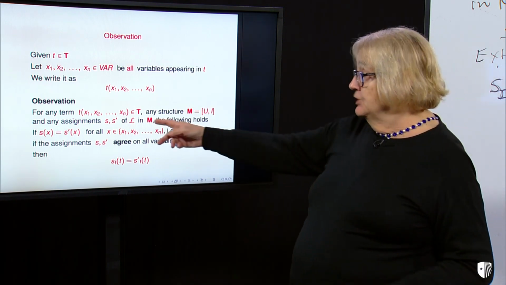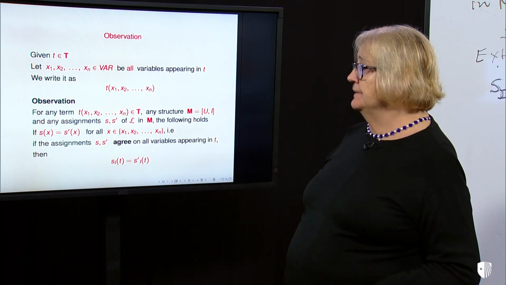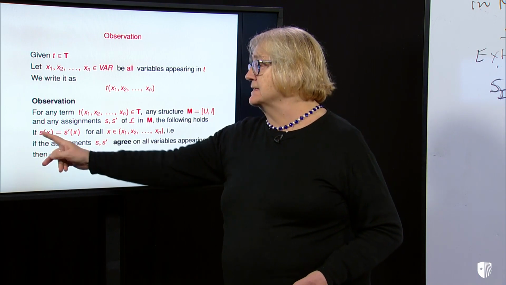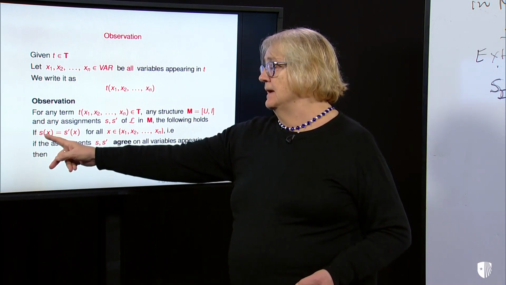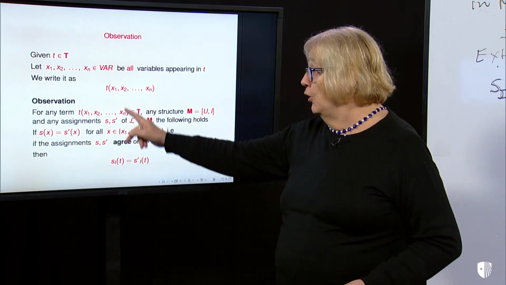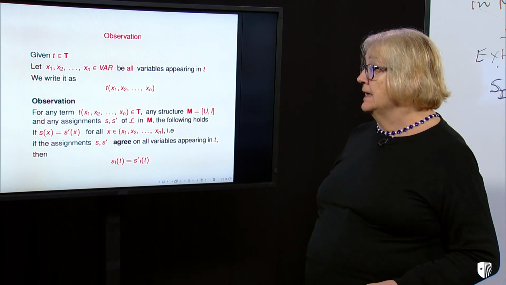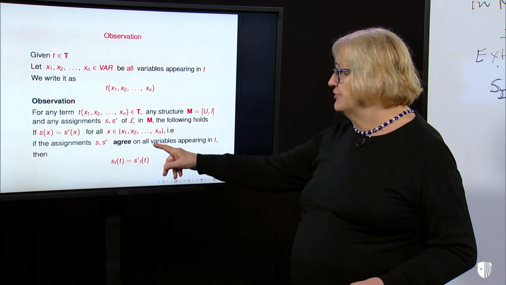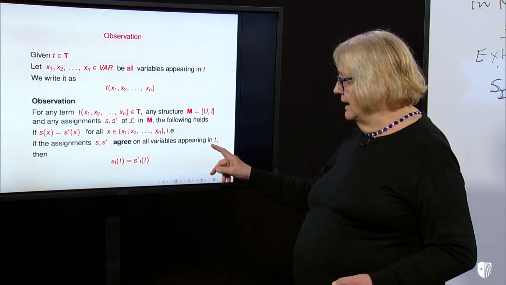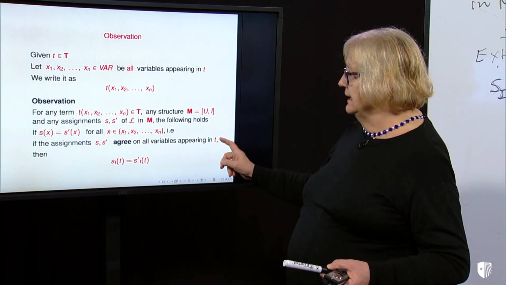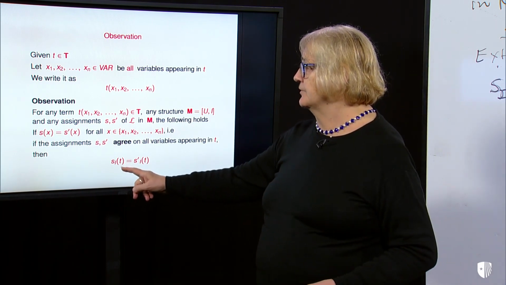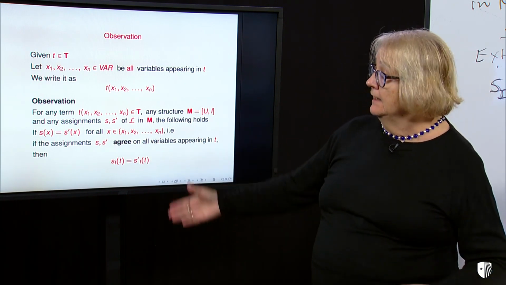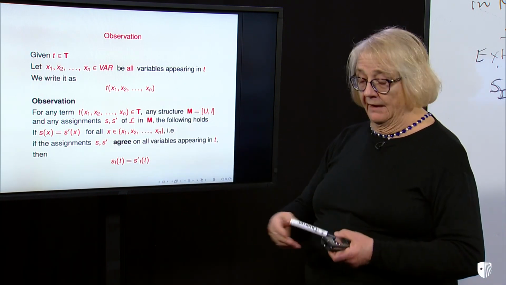And for any term, a structure, and any two assignments S and S prime, we have the following: if the assignments are the same on all the variables in the term, that is, if and only if they agree on the variables appearing in t, then S-bar of t is S prime-bar of t. So if they do agree, which we defined before, we have that property.